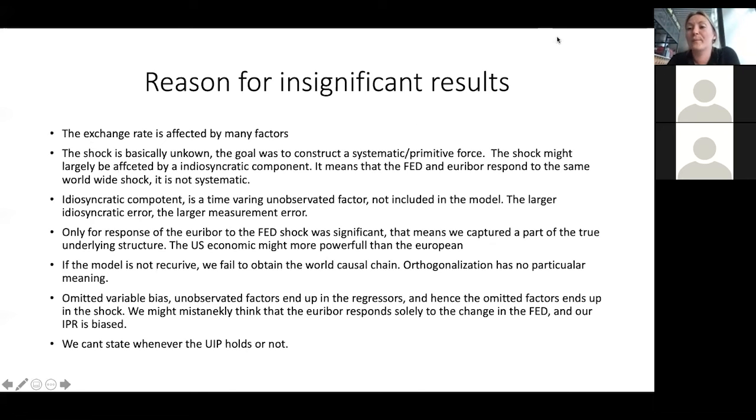So UIP is supposed to hold in the long run anyway. It's not going to be visible through impulse response analysis. Okay, if you have a co-integrating vector, you can say it holds. Yeah, in the long run, because that's the long run relationship it has.